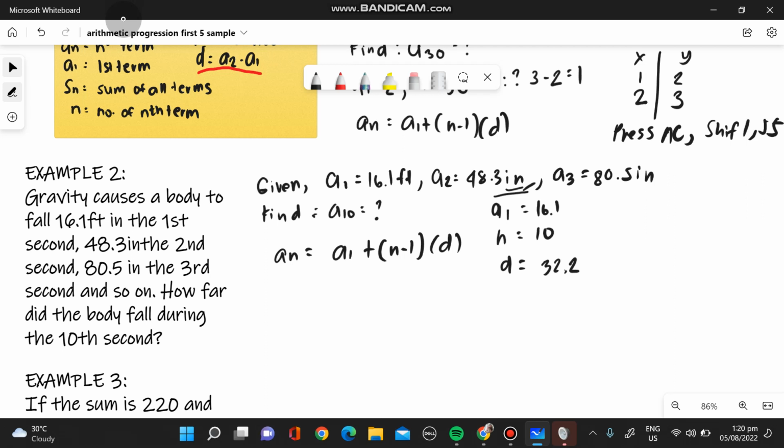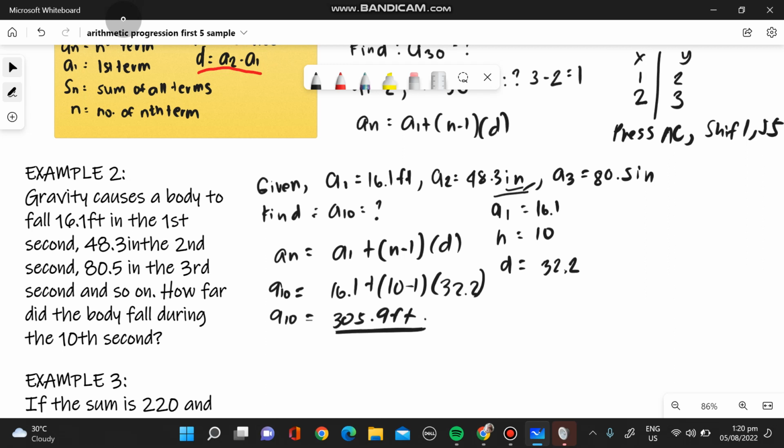So we will have a10 is equivalent to 16.1 feet plus 10 minus 1 multiplied by d, which is 32.2. So overall, we have a10 is equivalent to 305.9 feet.